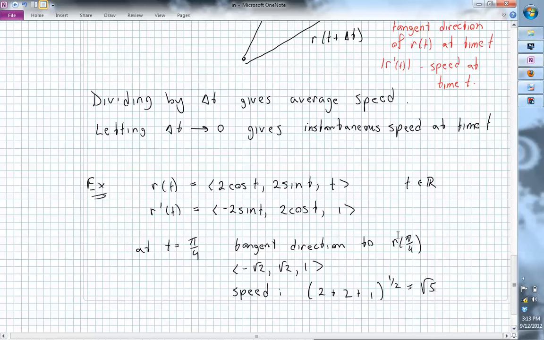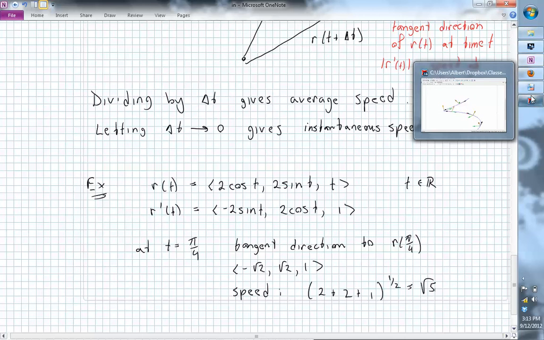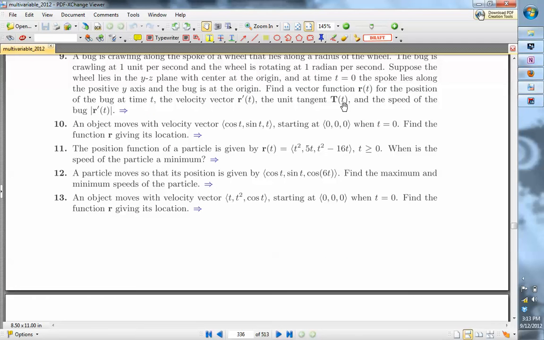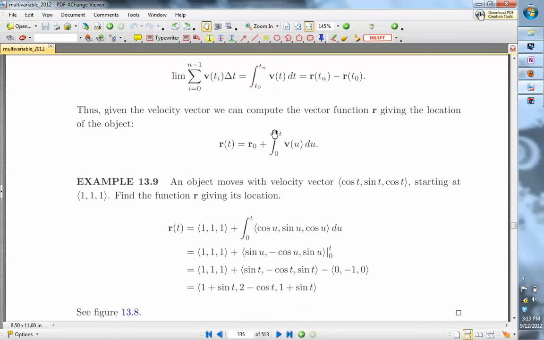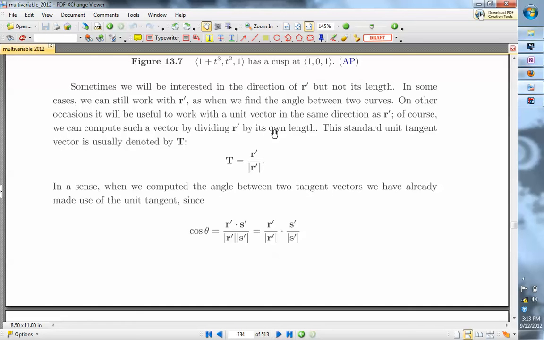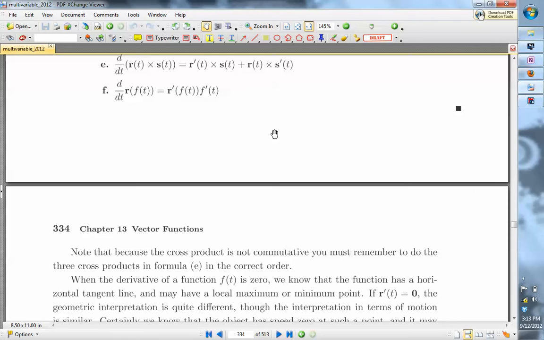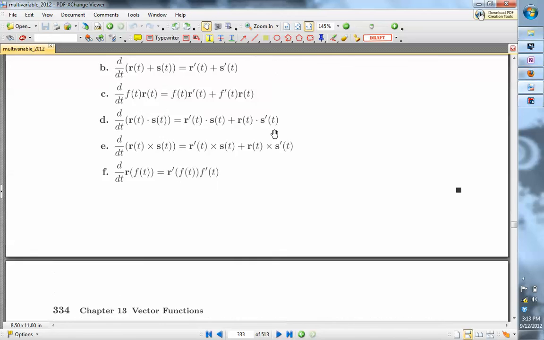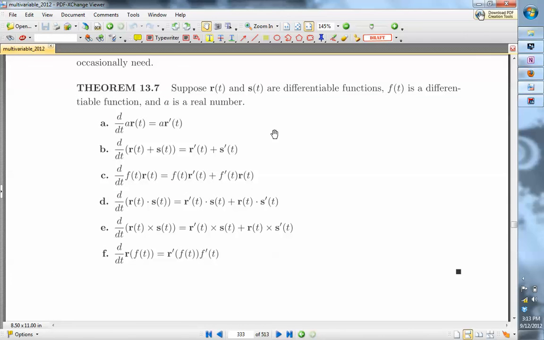Let's talk about how the derivative interacts with some of the other things that we've learned in Chapter 12. Rather than write this theorem on the board or on my notes, I'm just going to show it to you, and we'll talk a little bit about it. Theorem 13.7.